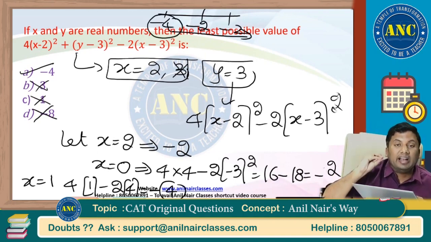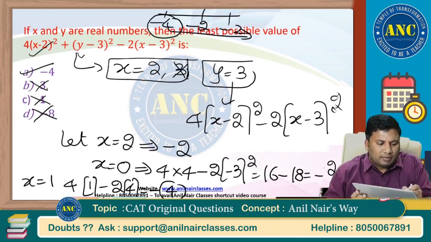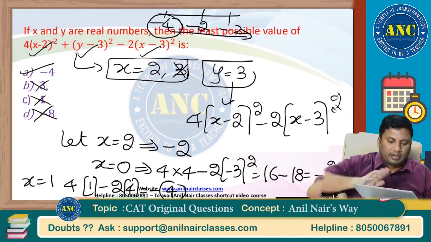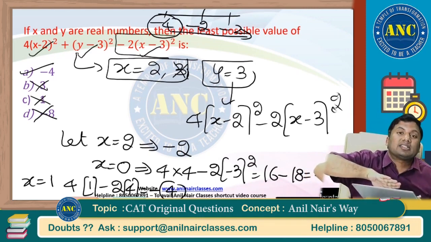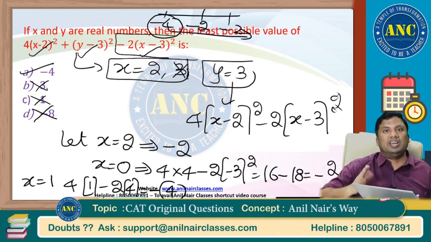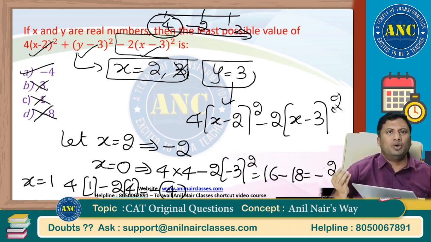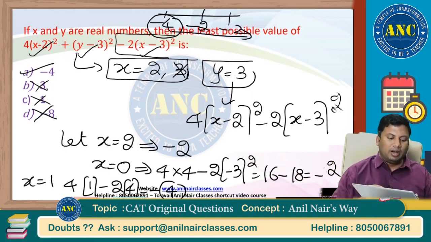Why did I condense it to one equation? See here, sir. This is a square term, this is a square term. If minus 2 into x minus 3 is not there, I can say that the minimum value of this expression will be at x equivalent to 2 and y equivalent to 3. Yes or no? A square value will be greater than or equivalent to 0, and minimum when the square is equivalent to 0. So I substituted y equivalent to 3 and x equivalent to 2.